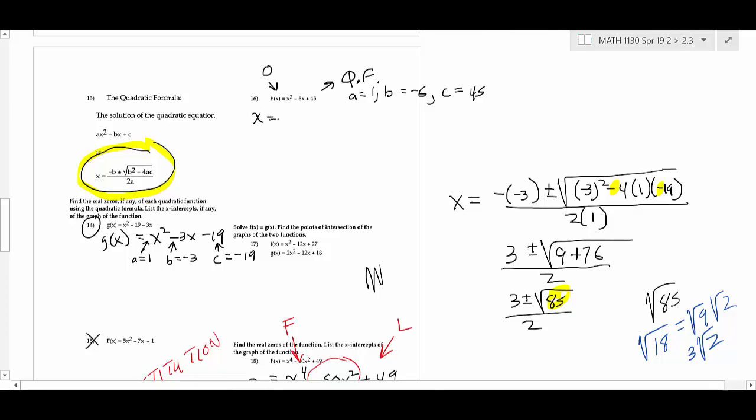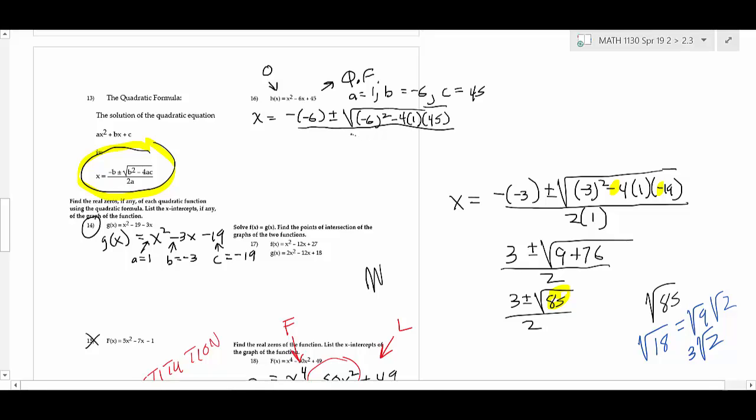Okay, so it goes like this. You have negative b. B is -6, so that becomes 6. And then you have plus minus. Under the radical, you have b squared. So that's -6 squared. Then you have 4 times a, which is 1, times c, which is 45, like this.